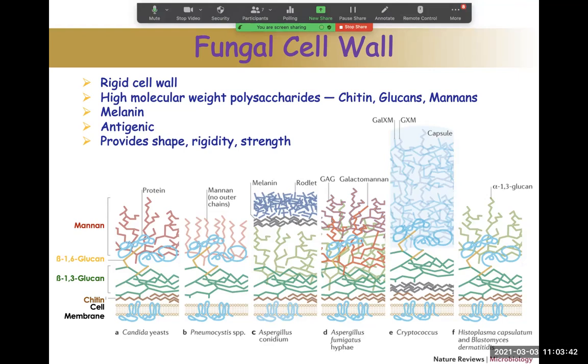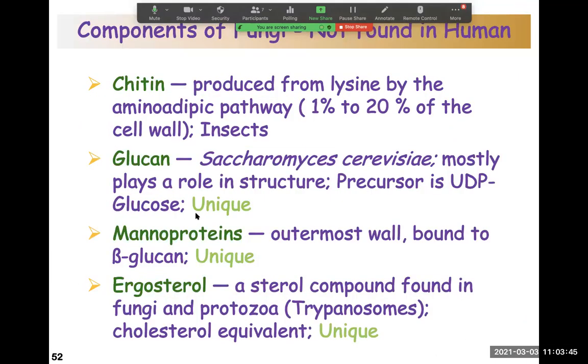And so as you can imagine, once we know those cell walls are unique, we figure out how to attack them, and we also focus on the synthetic pathway. One of the major cell membrane components of fungi is ergosterol, right? It is also found in protozoa, particularly trypanosomes. This is equivalent to cholesterol, but it's not cholesterol.